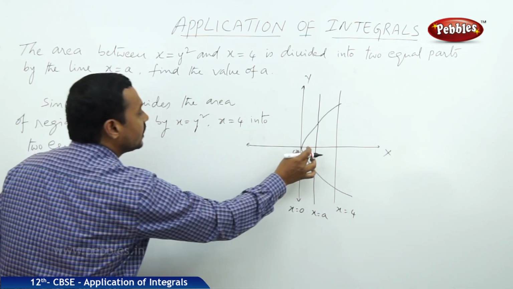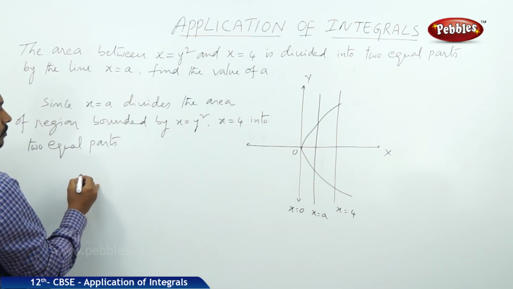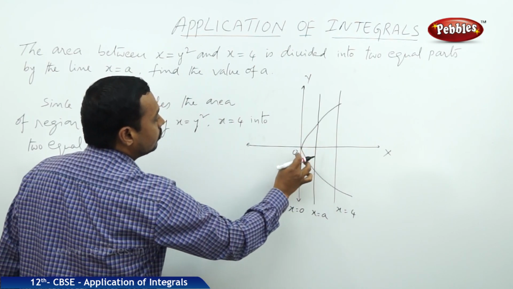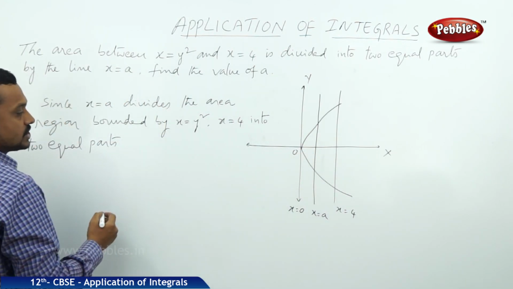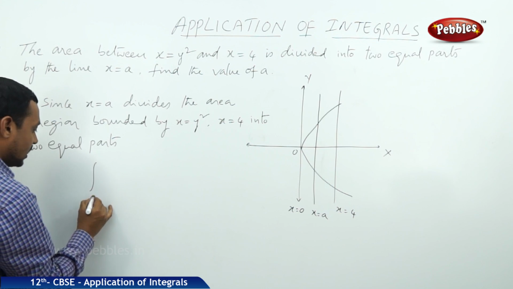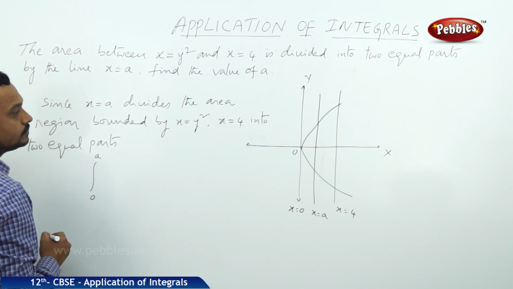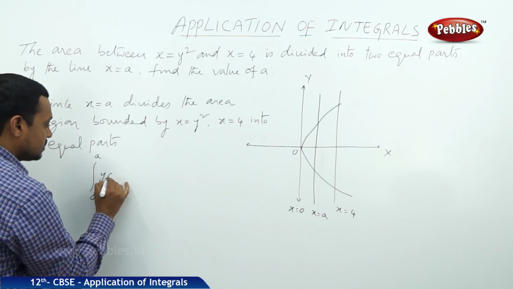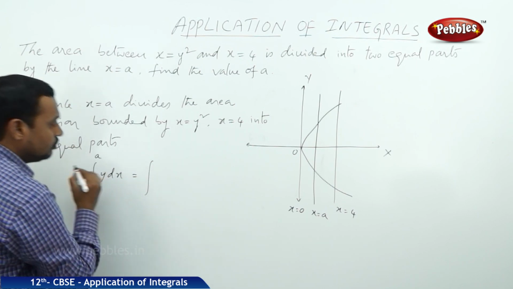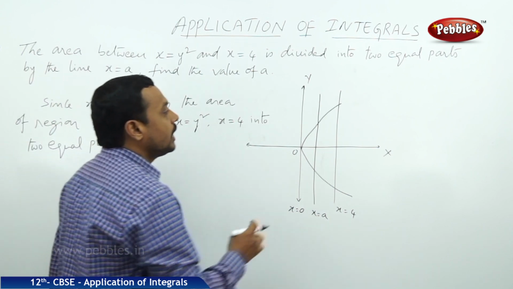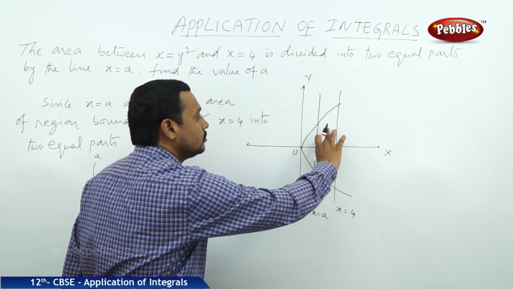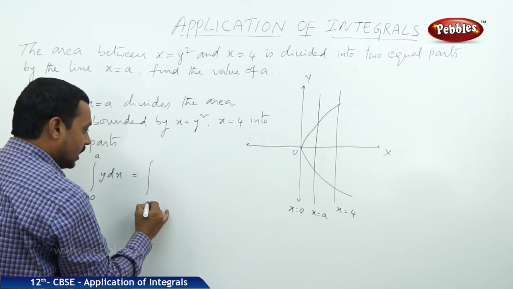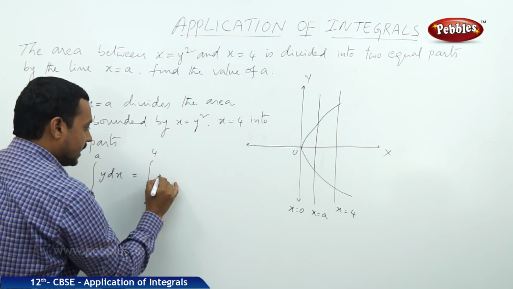the area of the region bounded by the curve between x is equal to 0 and x is equal to a, that is nothing but integral 0 to a y dx, is the same as the area bounded by the curve between x is equal to a and x is equal to 4, that is integral a to 4 y dx.